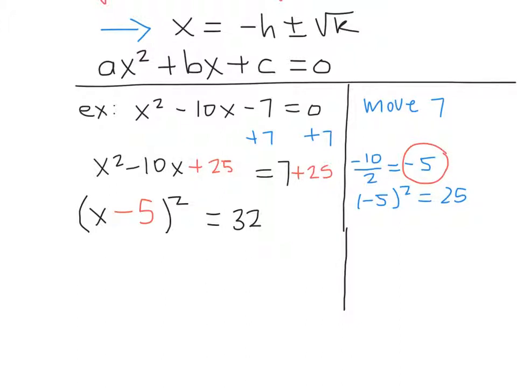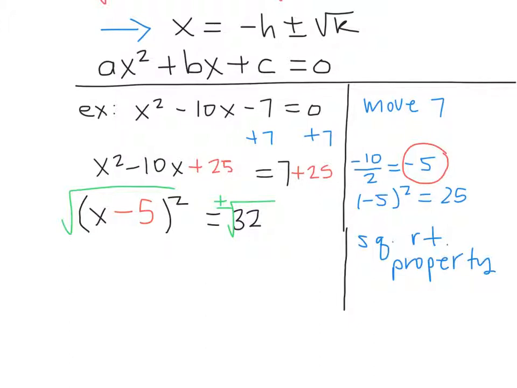So from here on out, we are using the square root principle to solve. So to solve, we are going to now use the square root principle, or the square root property. Take the square root of both sides. Got to remember our plus or minus out in front of that 32.